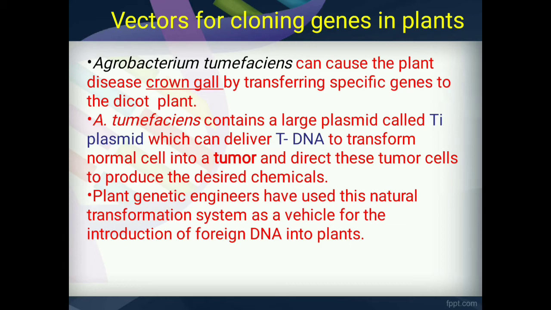So crown gall is a disorder. Agrobacterium tumefaciens contains a large plasmid called Ti plasmid which can deliver T-DNA to transform a normal cell into a tumor. Now plant genetic engineers have used this natural transformation system as a vehicle for the introduction of foreign DNA into plants.